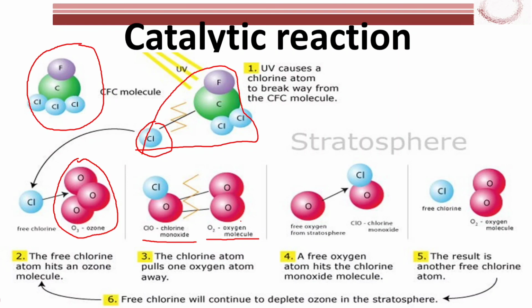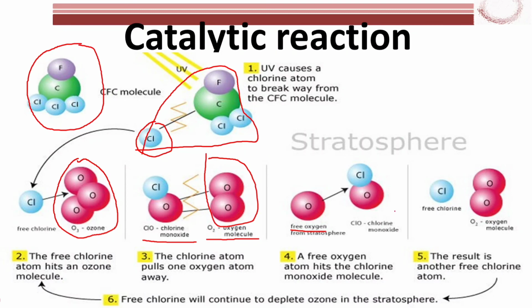So, meron ka ngayong dalawang substances. Sa atmosphere, hindi lang naman ozone yung nandun. Meron pang other forms of oxygen like oxygen gas, kagaya nitong O2, and free oxygen atom. So, what will happen? This free oxygen atom will see chlorine monoxide.